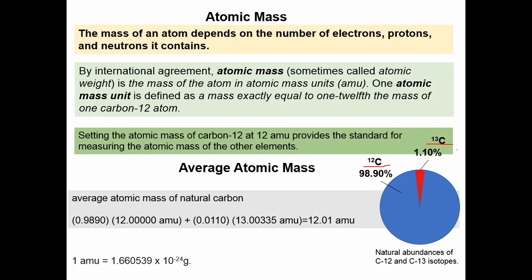But the abundance of carbon-12 is much, much more: 98.9% versus carbon-13, which is just 1.1%. Overall, this is what carbon is made of. And if you look here, eventually the mass of carbon is calculated based on both isotopes of carbon.